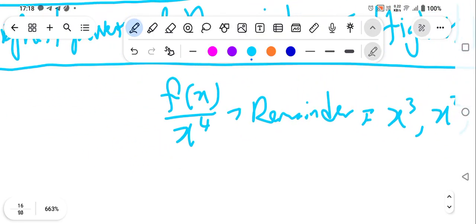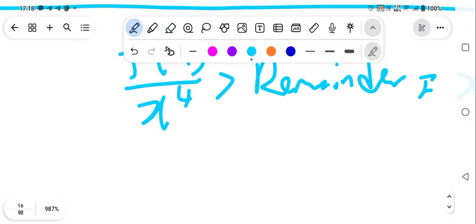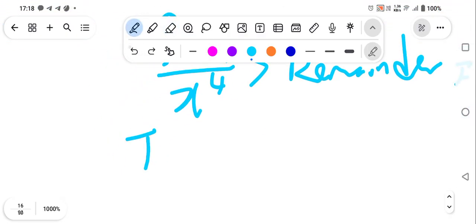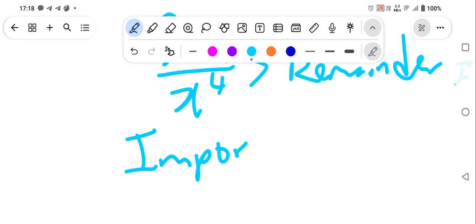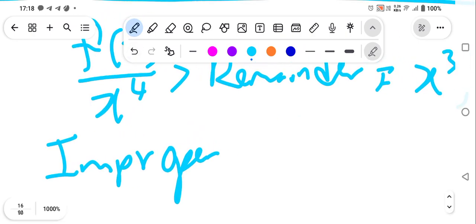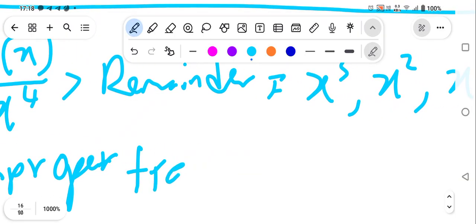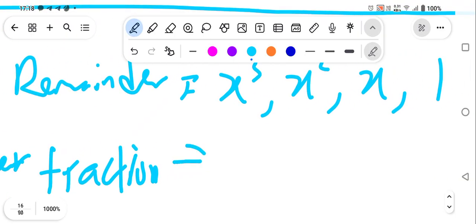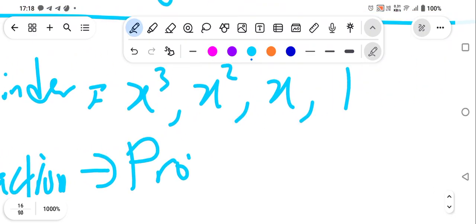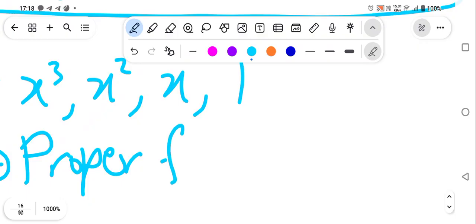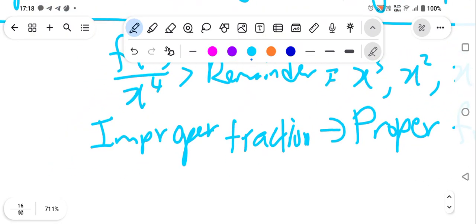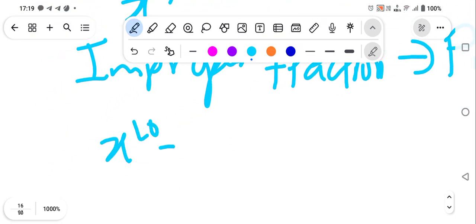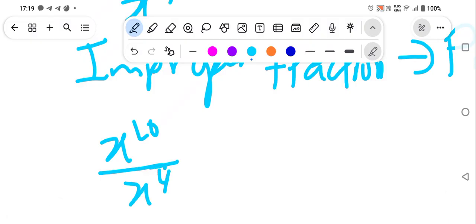Because our goal is to turn an improper fraction into a proper fraction. What that means is, let's say we have x power 10 over x power 4, and this is clearly an improper fraction.